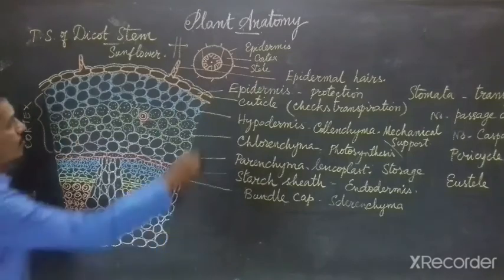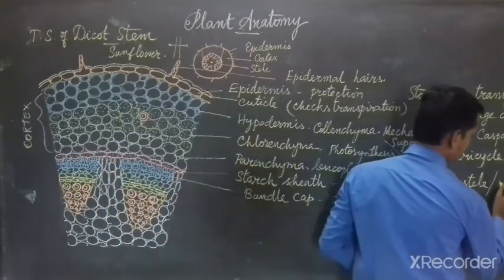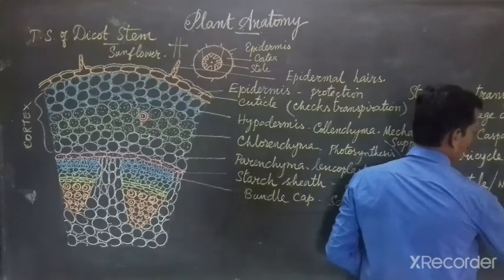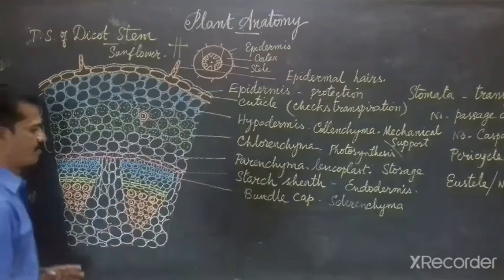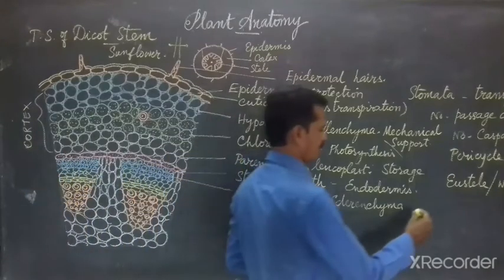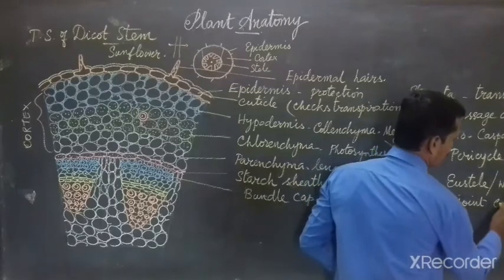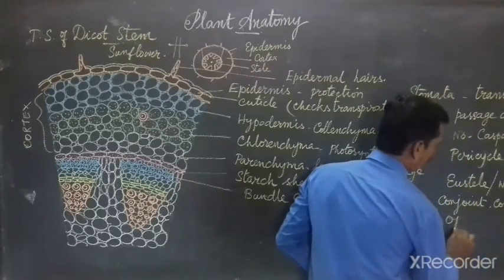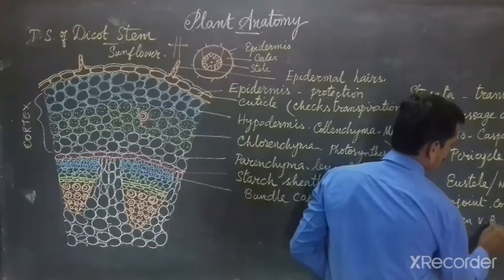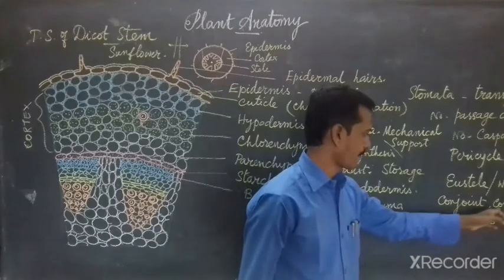Here, the vascular bundles are wedge-shaped. In the dicotyledon, the vascular bundles are conjoined, collateral and open.